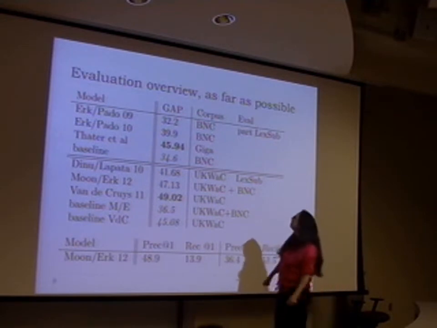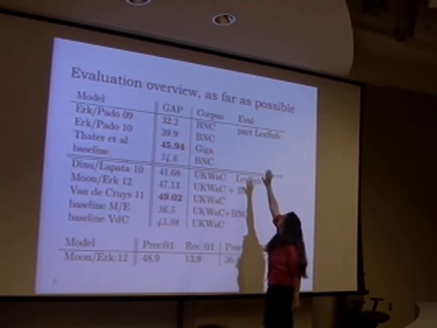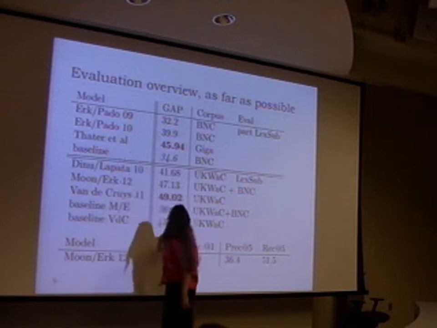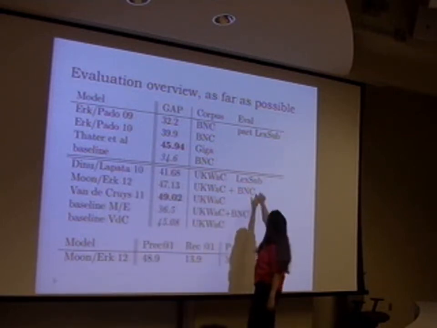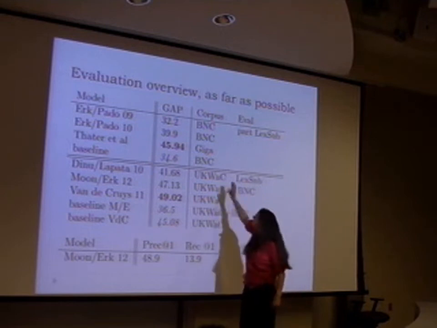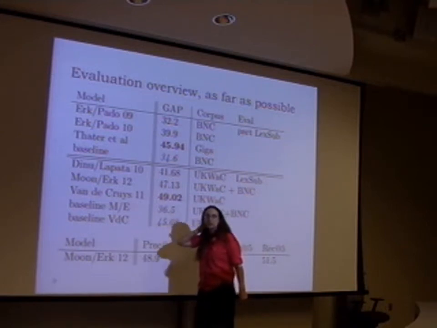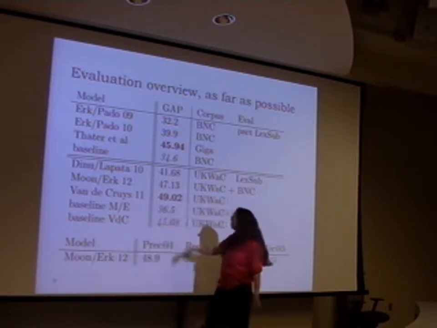But anyway, if you want to do this, then on part of this paraphrasing data set, the Thater et al. syntactic method got the best GAP, and if you use the whole paraphrasing data set and UK WAC as corpus, then the Van de Cruys topic modeling like approach got the best results.